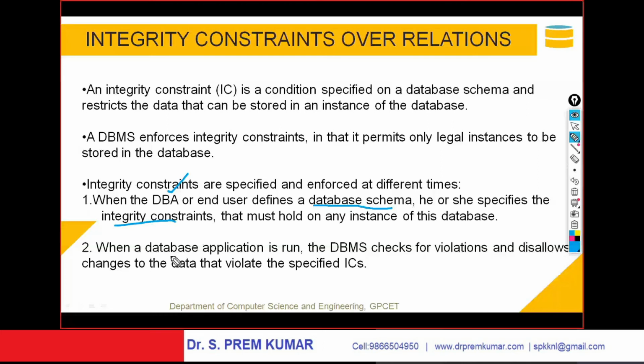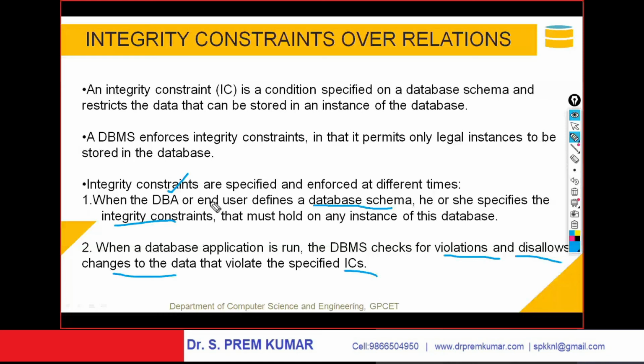When the database application is running, the DBA checks for violations and disallows changes of the data that violate the specified integrity constraints. So the integrity constraints are specified at the time of table creation. And there is also a possibility after table creation: if you feel like adding some extra integrity constraints, you can do that with the alter table command.